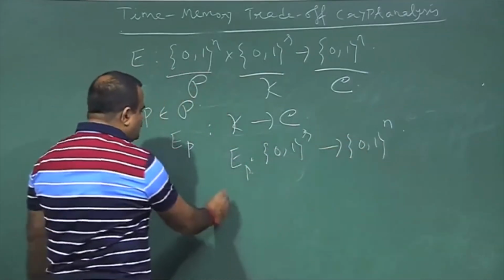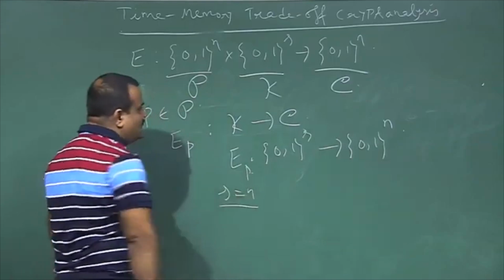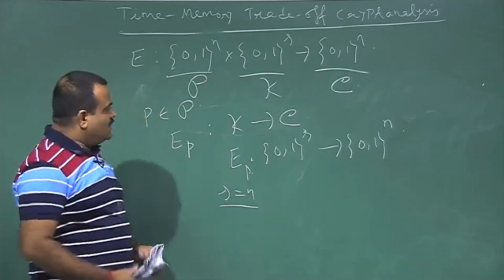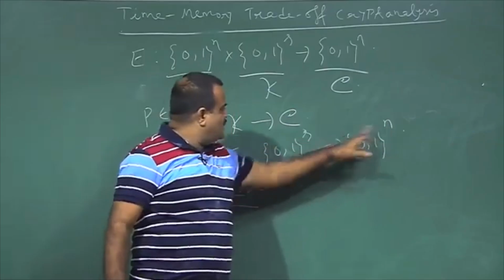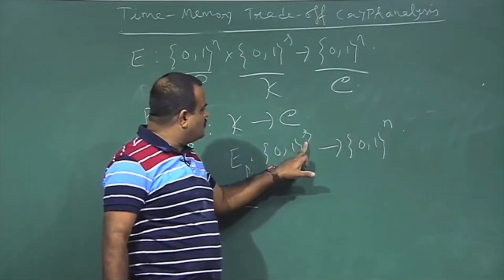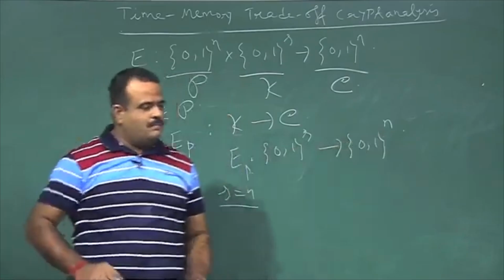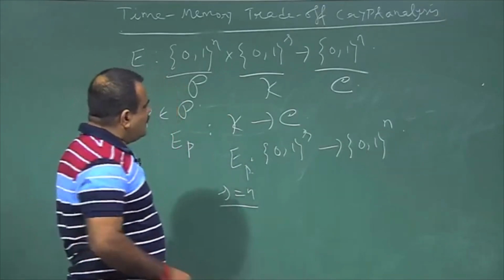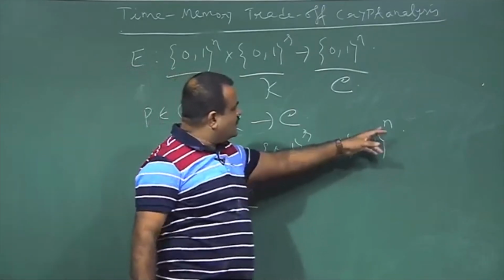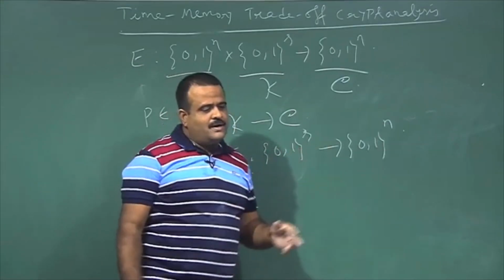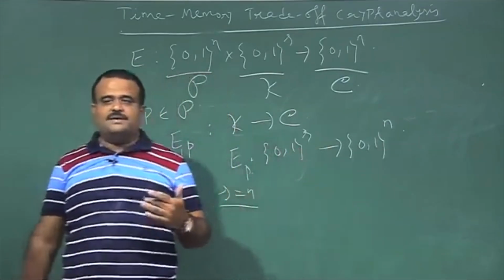Now we want s and n to be the same. If s is equal to n, then no problem, but if s is not equal to n, say for example for DES, this is 64 and this is 56. To make this s, we can remove some bits. And for AES, this is 128 bits, but AES has many versions of key.